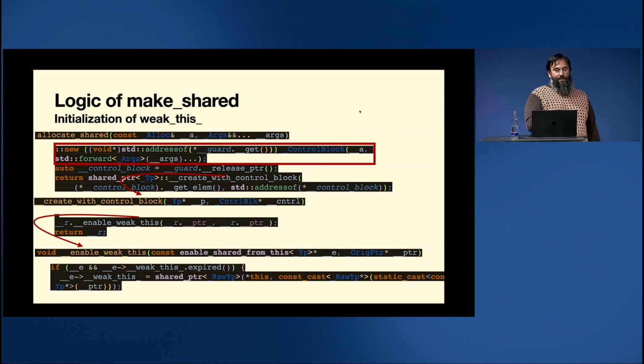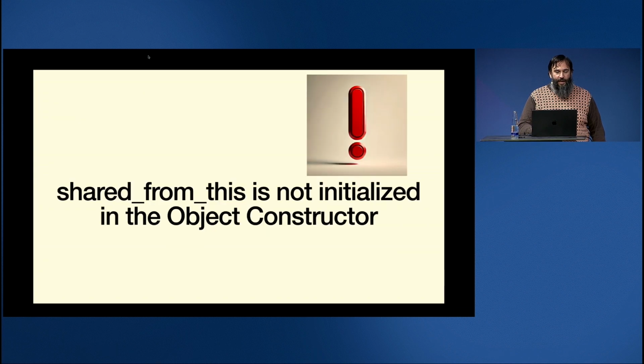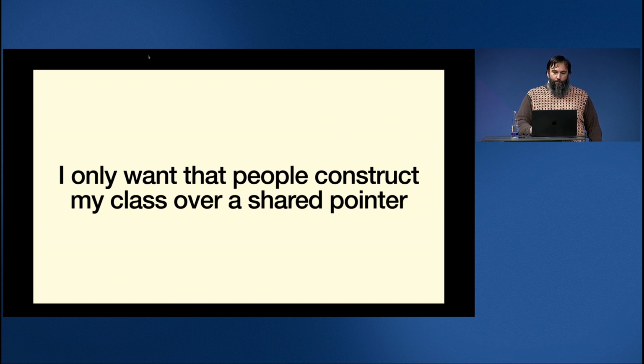And you see this create with control block happens after the new has been called. And this create from control block has actually internally this enable weak shared from this, which actually initializes the weak from this. And you can see this is after your constructor. This is a very important thing. The shared from this is not initialized from your object constructor.